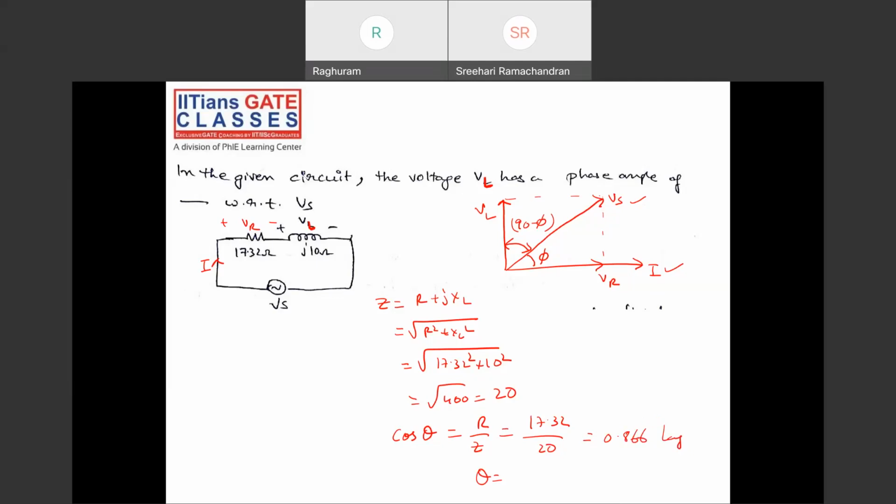Theta is cos inverse of this, which is 30 degrees. What is the angle between VL and VS? 90 minus 30, 60 degrees. Okay, clear? Clear, right?